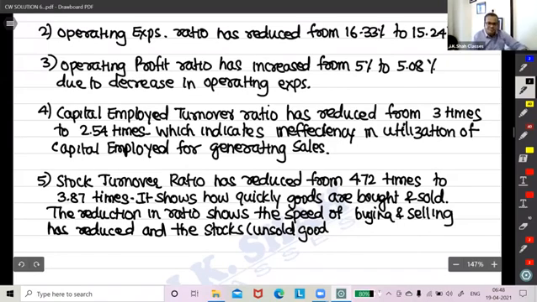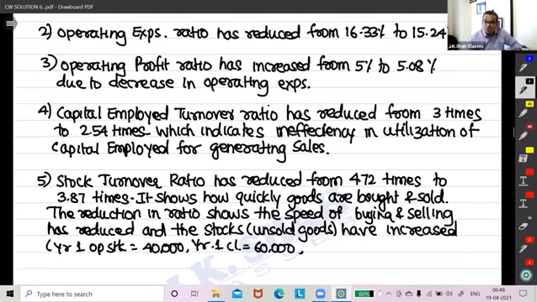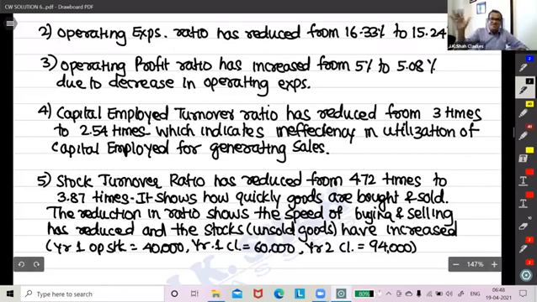Okay, you can write like this: year one opening stock 40, year one closing stock 60, right? That's what you're trying to prove, no? That the unsold goods lying in the godown are gradually increasing. Year two closing stock is 94. So gradually it is increasing, right? So it's not good.